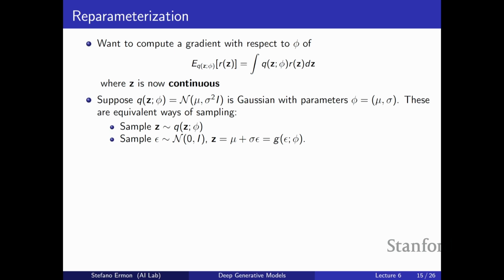This is why it's called the reparameterization trick, because we're just writing Z as a deterministic transformation of a fixed random variable, which does not depend on the optimization parameters. So we have some deterministic transformation G, which depends on the optimization parameters, the phi parameters, that we use to transform this basic random variable epsilon, which does not depend on phi anymore.